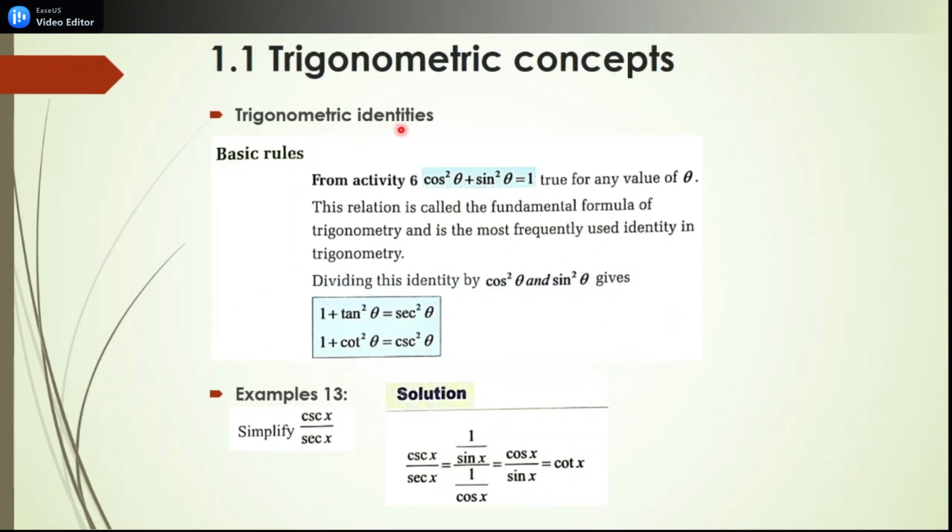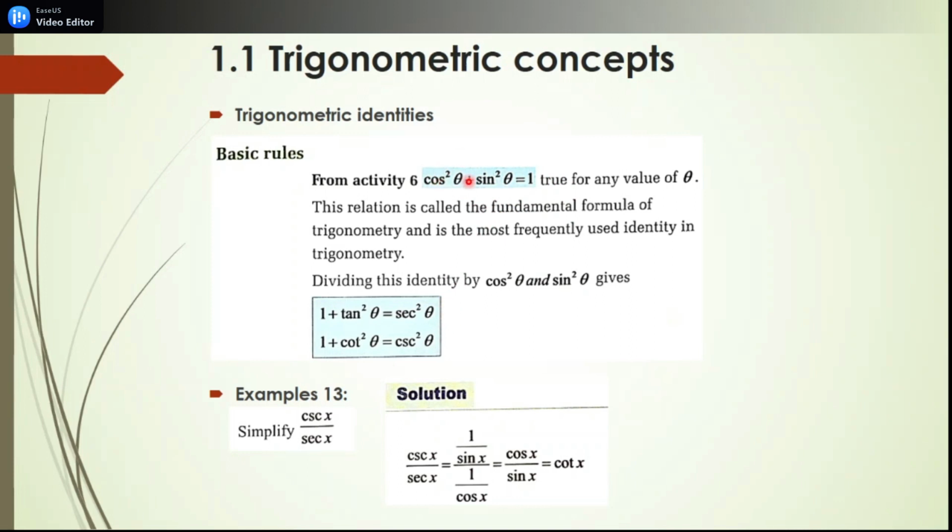We have a trigonometric identity from the Pythagorean theorem in the unit triangle where radius is equal to 1. That unit triangle gives this relation: cosine square of theta plus sine square of theta is equal to 1. This is the fundamental of trigonometry. From this relation, we can derive other relations.